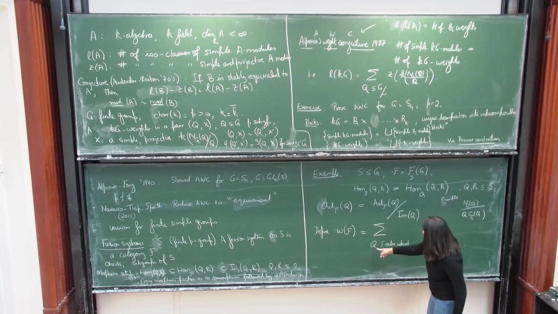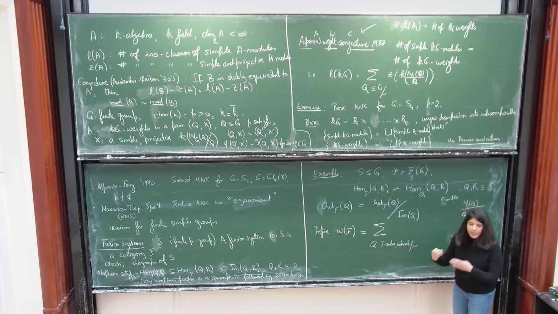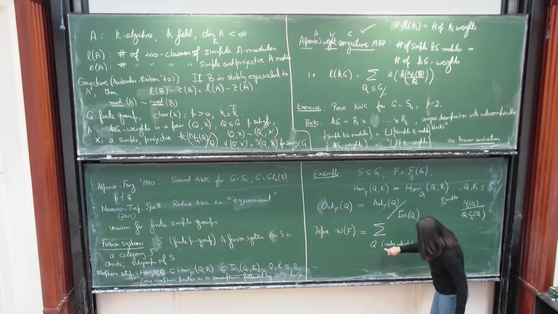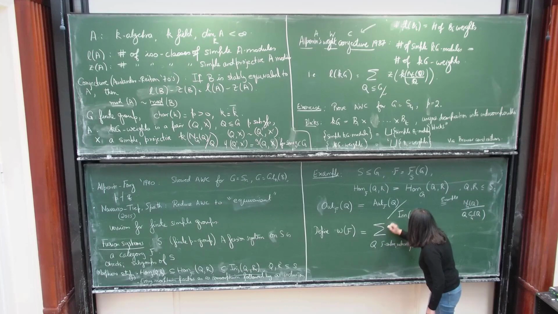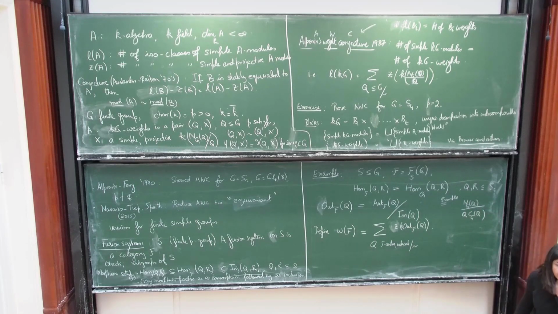So you take all subgroups of S which are F-centric radical, I'll explain what that is, up to conjugation, that is up to F-isomorphism. Okay. So take one for each isomorphism class of these types of subgroups of S, and you count the number of simple projective modules of this group. Okay, so you can do that, it's a number.